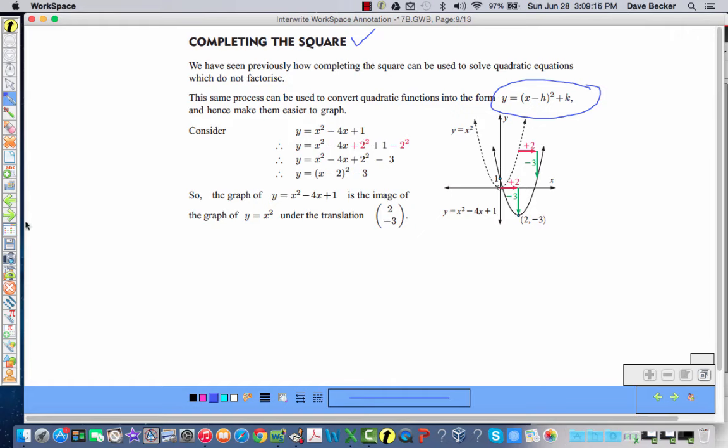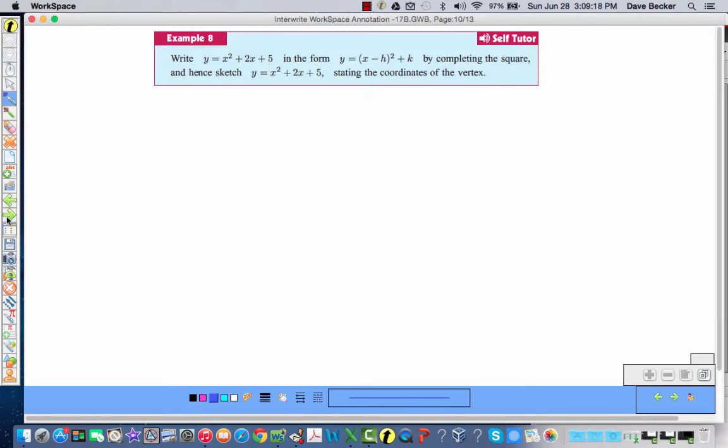All right, so let's do just one of those. We're going to rewrite this as y equals x squared plus 2x plus 5. Okay, so we are going to complete the square on that.